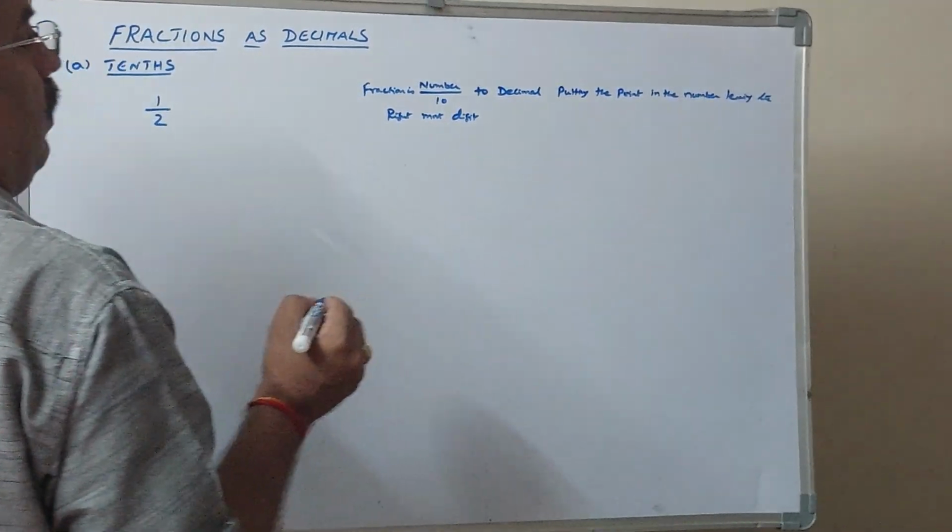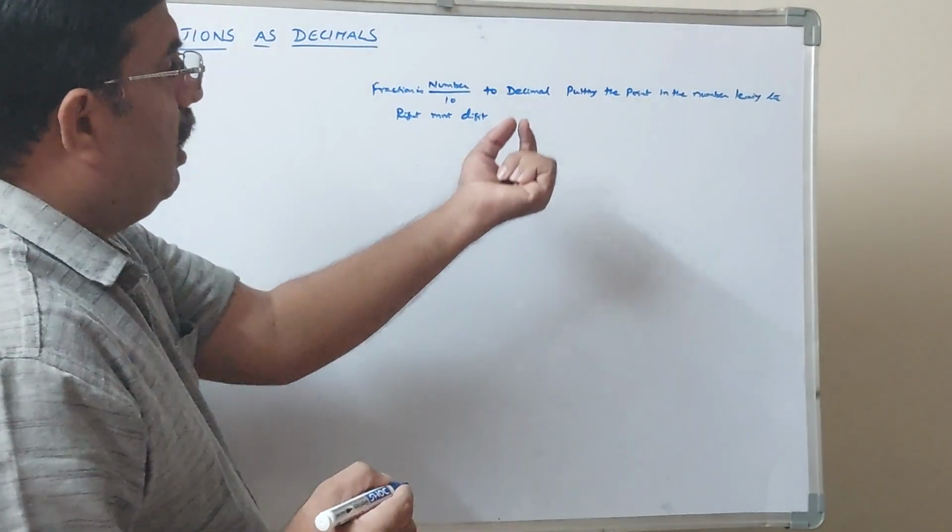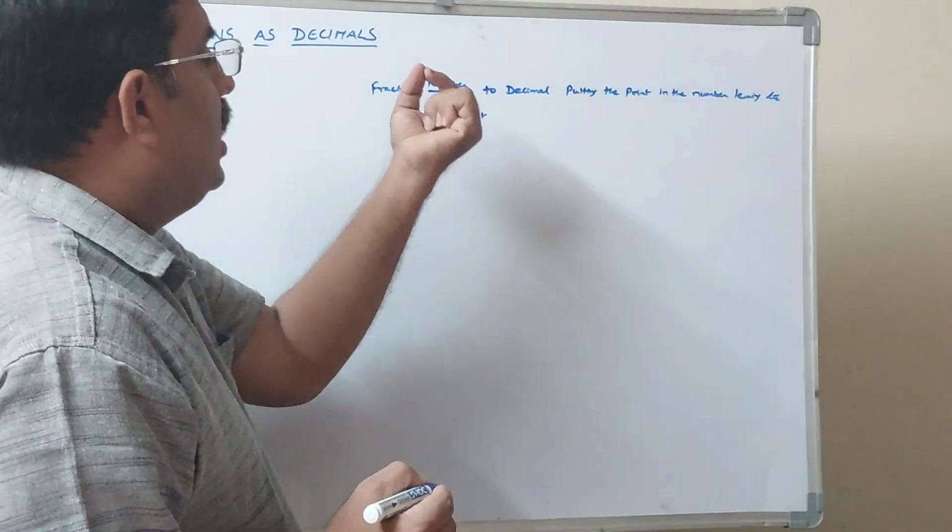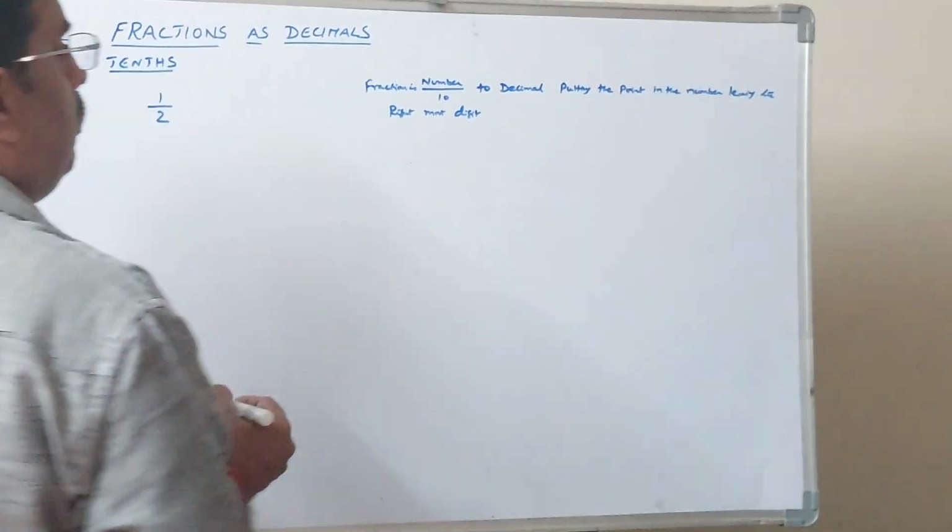So converting a fraction to a decimal is putting the point in the number, leaving the rightmost digit. That is the way we are doing it here.